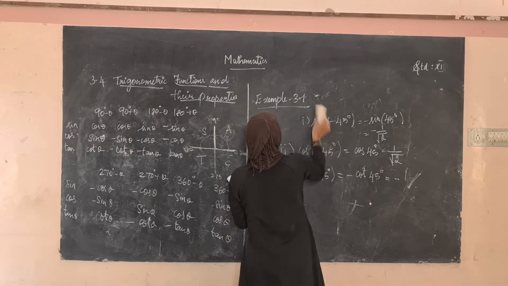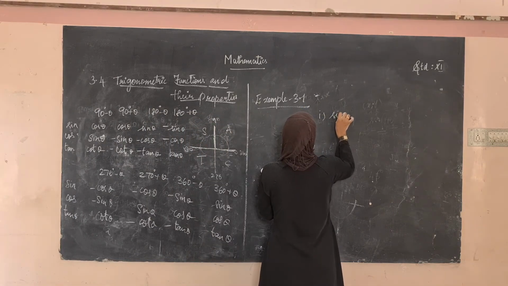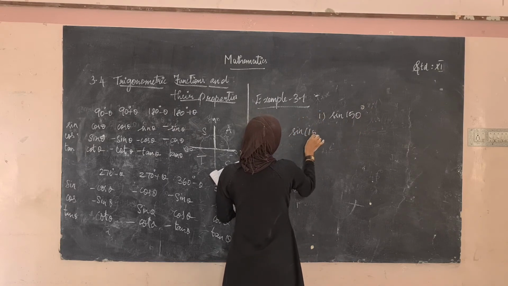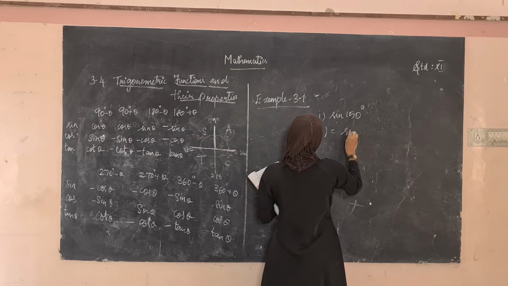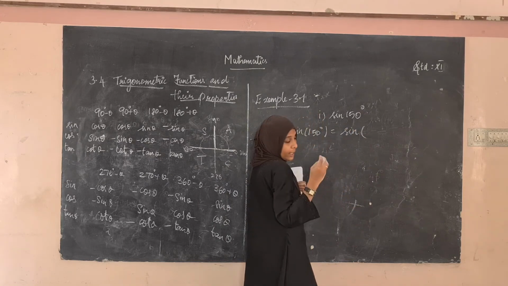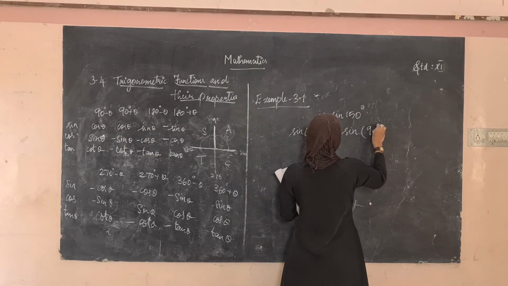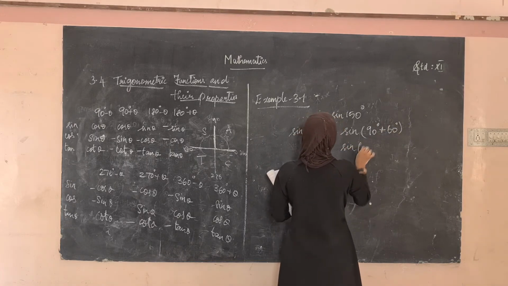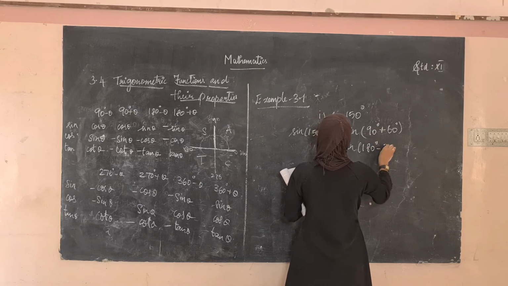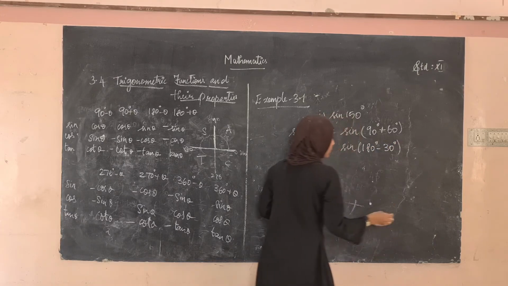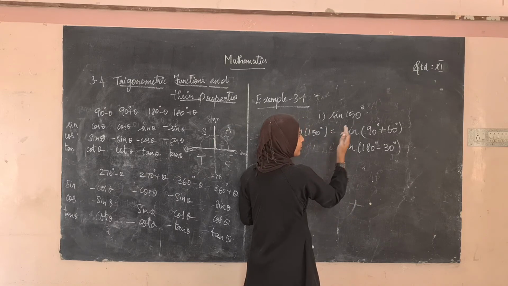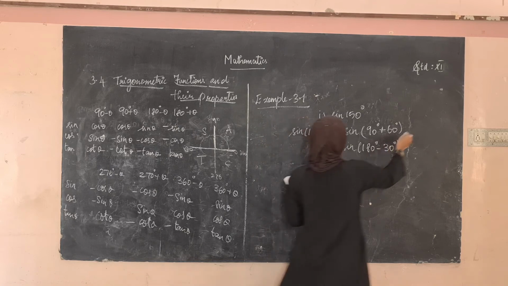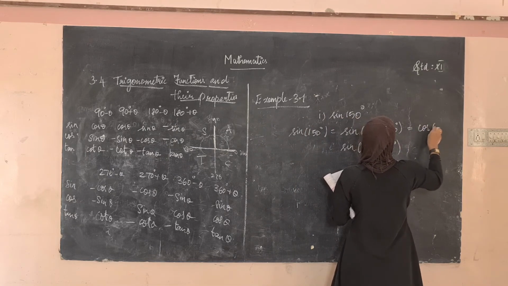Now let us see the next example 3.11: sin 150 degree. How can we write sin 150 degree? You can write it in either method: sin of 90 degree plus 60 degree, or sin of 180 degree minus 30 degree. What is sin of 90 plus 60? 90 means it must change, so cos 60 degree.